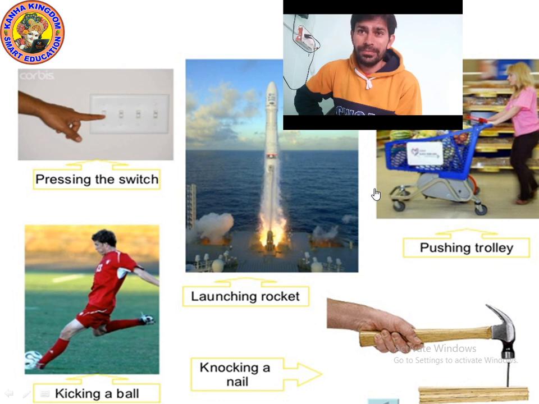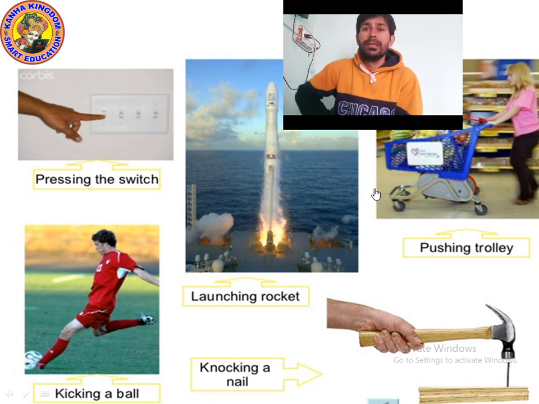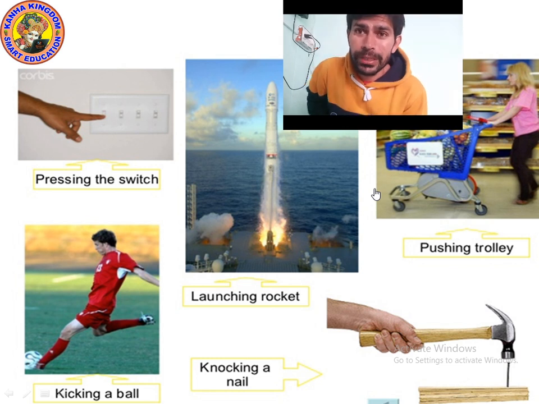ISRO is a government organization of India, and the full form of NASA is National Aeronautics and Space Administration. So ISRO means Indian Space Research Organization.